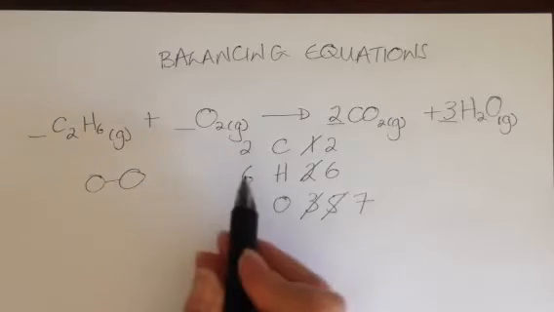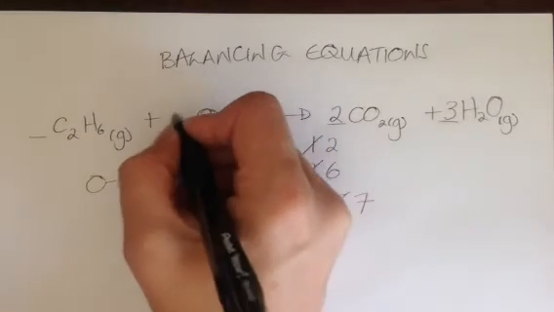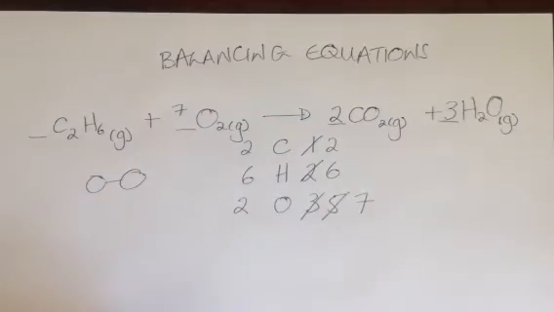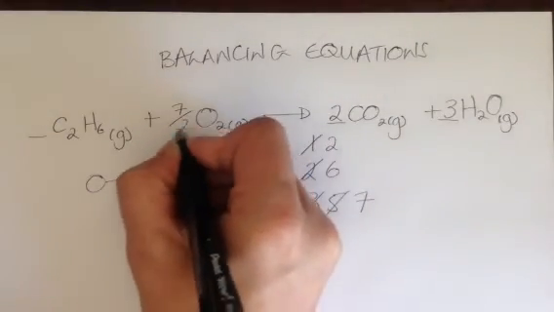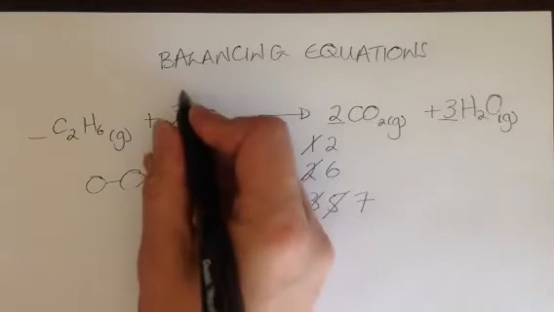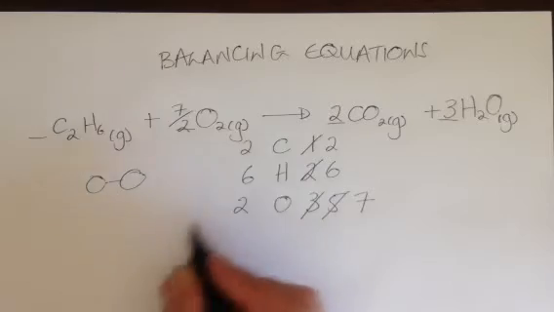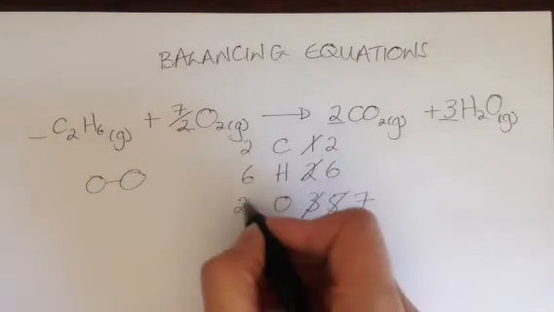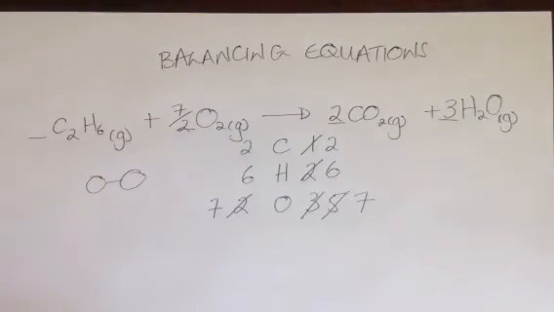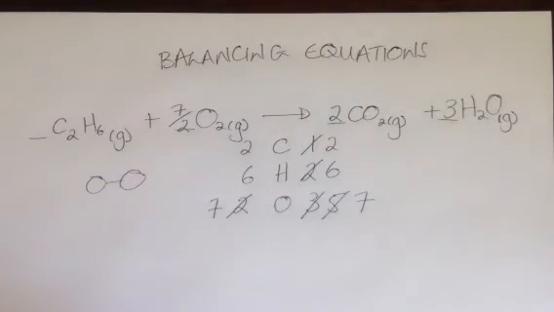And our coefficients do have to be whole numbers at the end, but it's okay to have a fraction as an intermediate step. And the easiest way to work out what fraction you need is to say, okay, I need 7 oxygens, and my subscript on my oxygen is 2. So I need 7 over 2 oxygens. 7 over 2 is the same as 3.5, so you could write 3.5 if you prefer. 3.5 times 2 is 7. So that balances our atoms. We now have an equal number of atoms on each side.